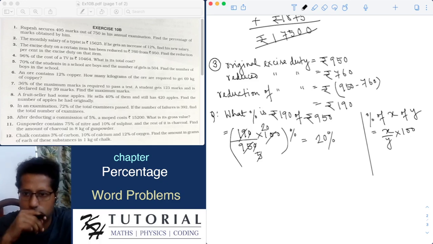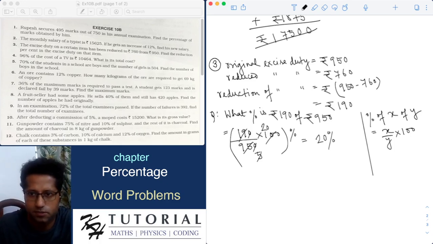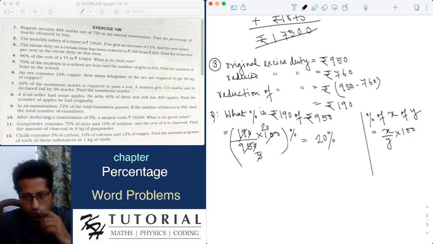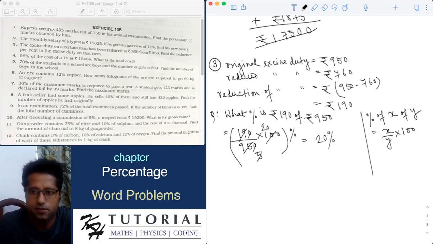Okay, I hope you understood. The original excise duty was rupees 950, and the reduced excise duty is rupees 760. The reduction of excise duty is rupees 950 minus rupees 760, that is rupees 190. Now we have to find what percent this rupees 190 is of the original excise duty, rupees 950.